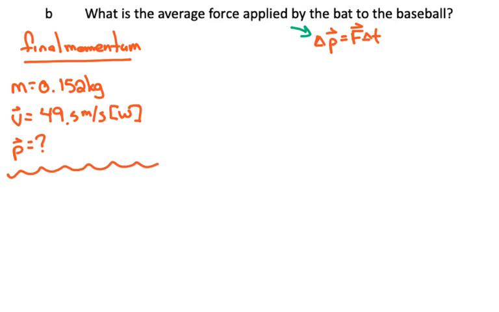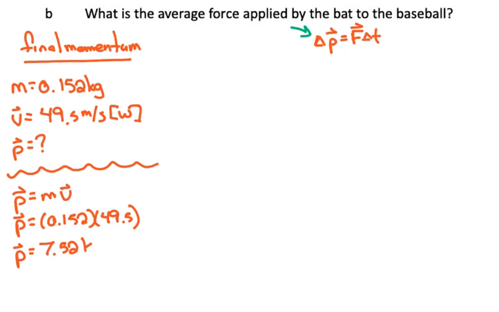I'll do the calculation here just because I'm going to need the space in the middle in a minute. P equals mv. So 0.152 kgs times 49.5 meters per second. Again, going to 3 sig figs, we'll get 7.52 kilogram meters per second west.